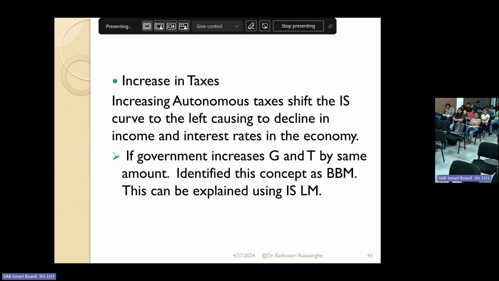The government raises expenditure first, so that shifts the IS curve to the right.